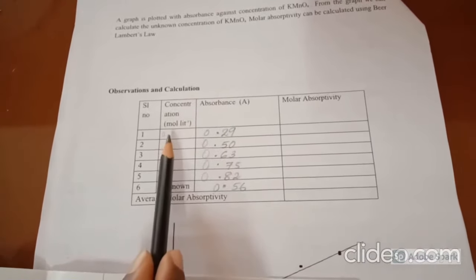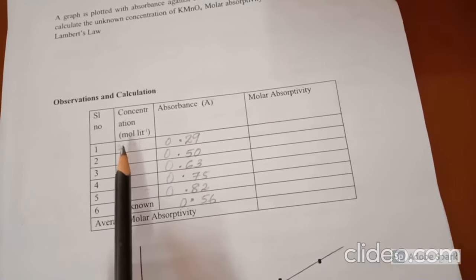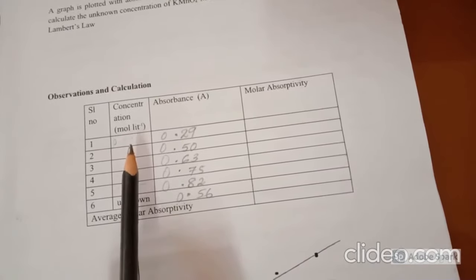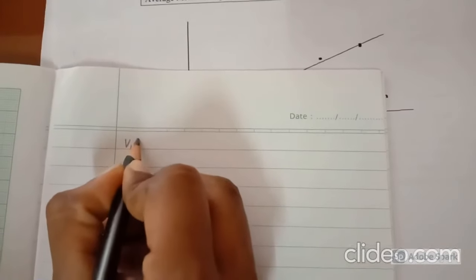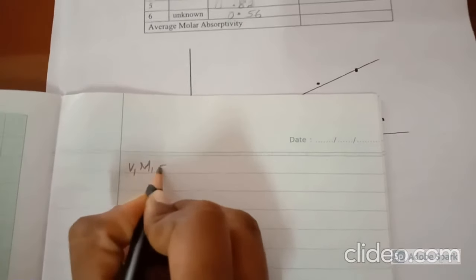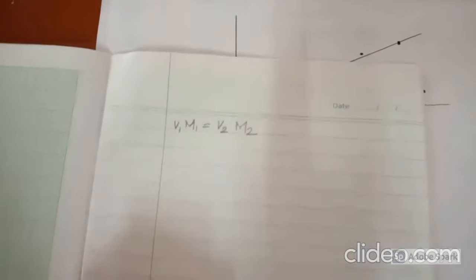In order to note down the concentration, we have to calculate the concentration of each solution prepared. It can be calculated using the equation V1 M1 = V2 M2.